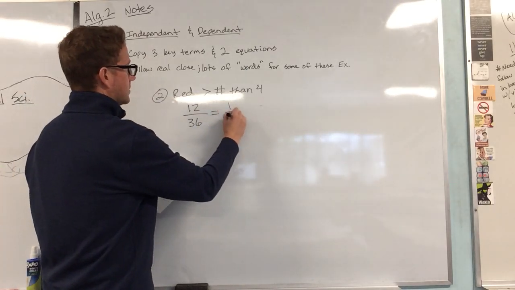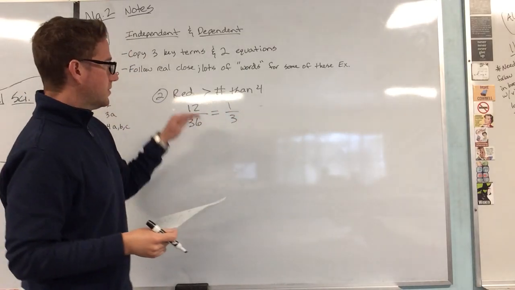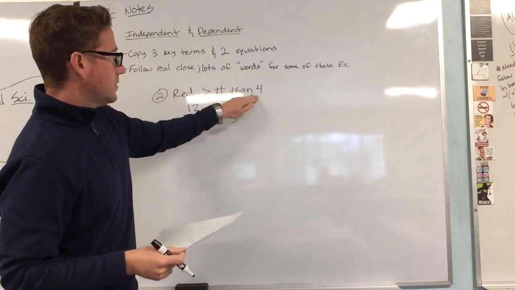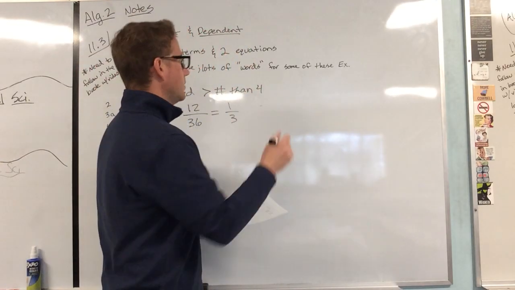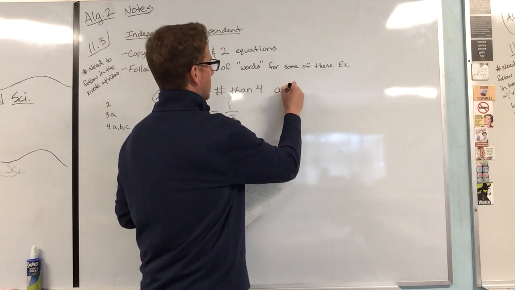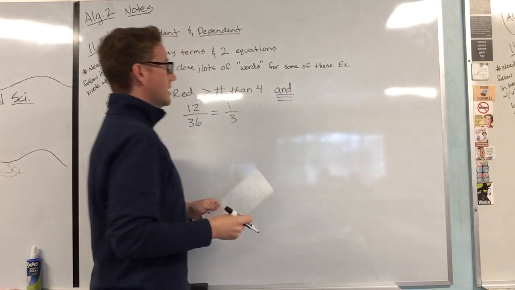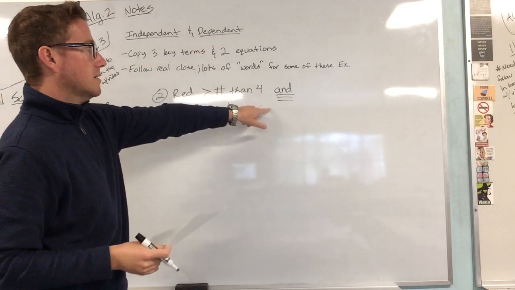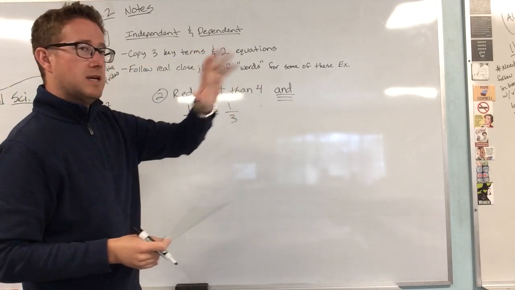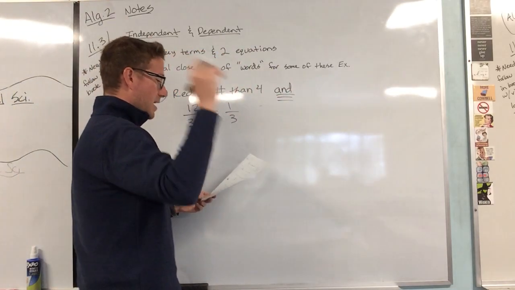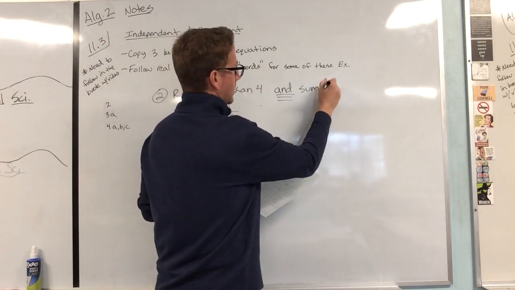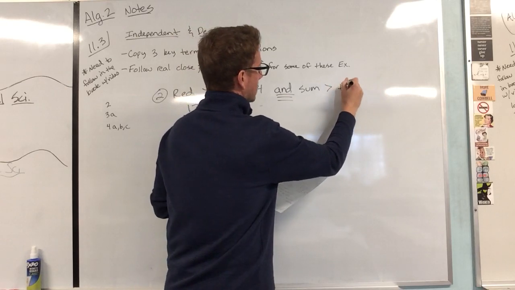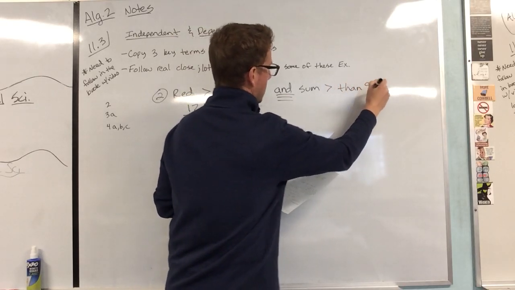Go ahead and reduce that fraction. So there's a 1/3 that red's going to be greater than 4. And that's a key word. And I'm going to underline that because that's going to let you know this is dependent. There's 2 things that are playing a part in each probability. And the sum, so addition, is greater than 9.